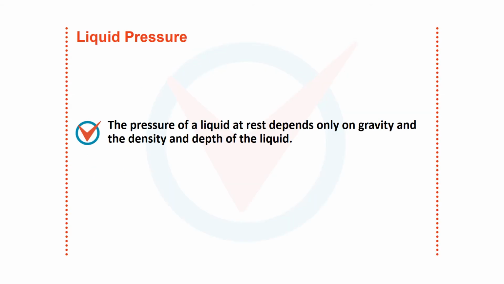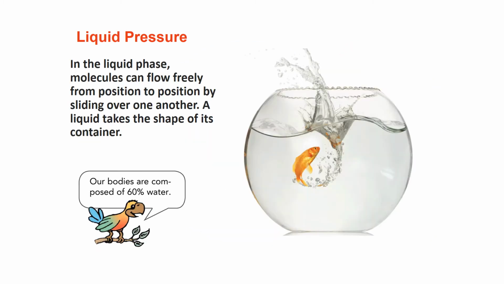The pressure of a liquid at rest depends only on gravity and the density and the depth of the liquid, as we concluded before. In the liquid phase, molecules can flow freely from position to position by sliding over one another, which means they exert pressure on one another.